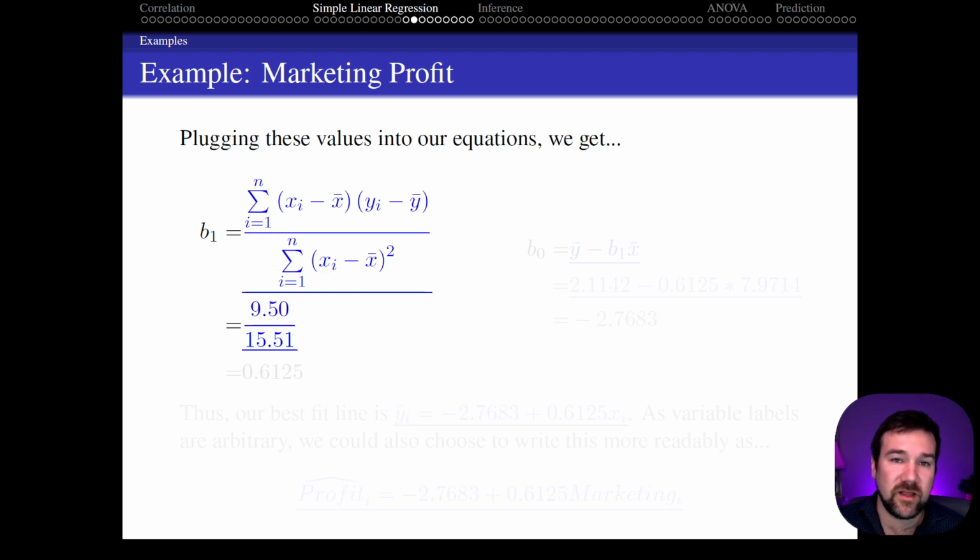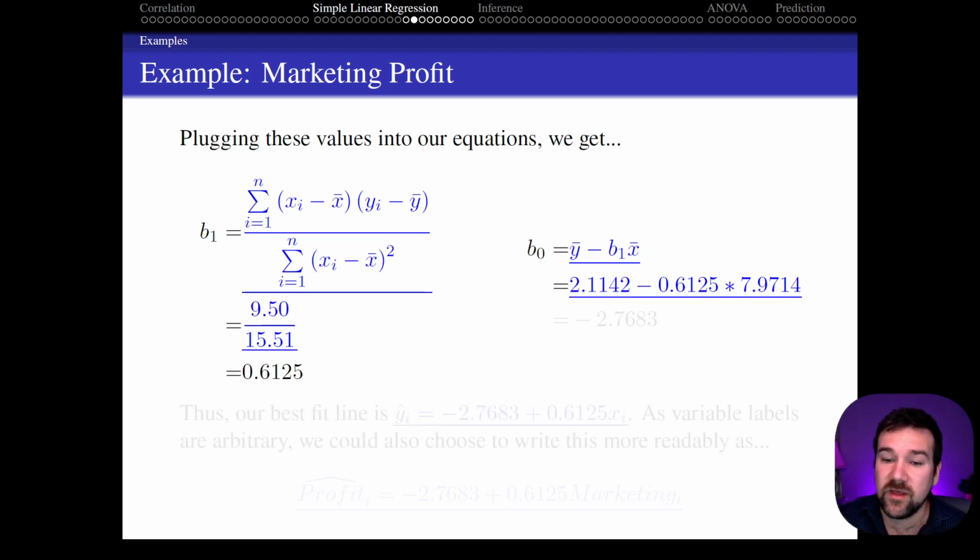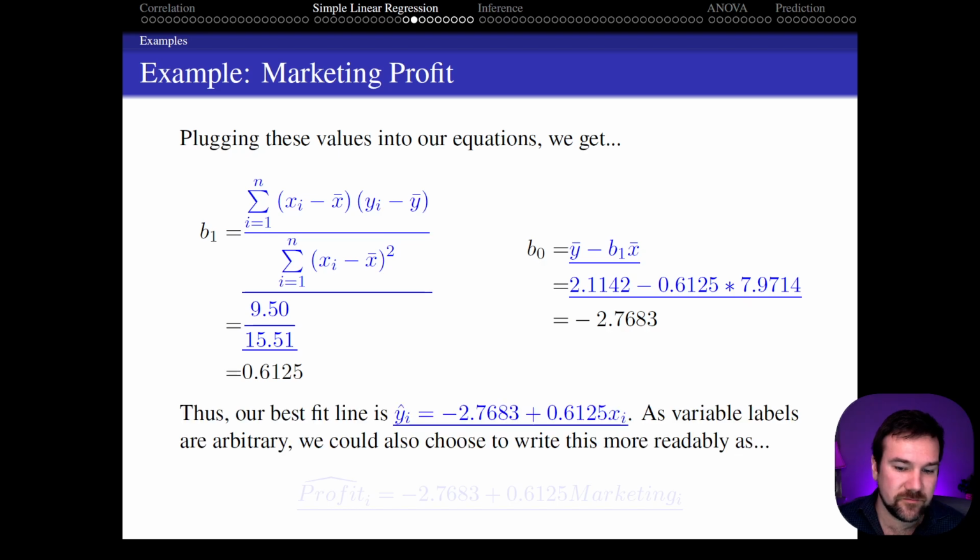The numbers from the last section were 9.5 and 15.51, and they're going to give me a slope of 0.6125. I also had the mean of y and the mean of x, and can plug that along with the slope value into the equation for the intercept to get my intercept for this particular regression to be negative 2.7683.